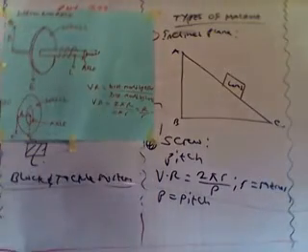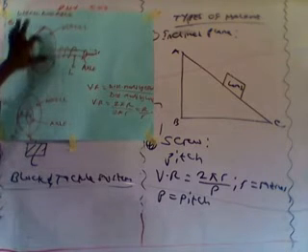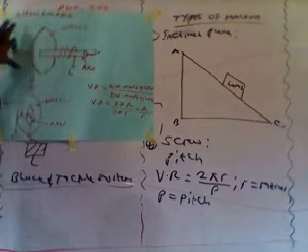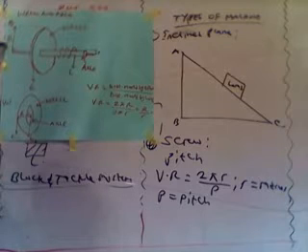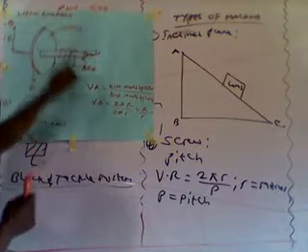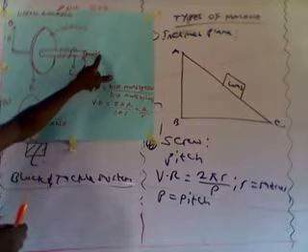So this is a typical example of a wheel and axle. It comprises the wheel itself. The wheel has the larger radius, represented by capital letter R, and the axle itself, this is the axle, has a radius represented by small letter r.